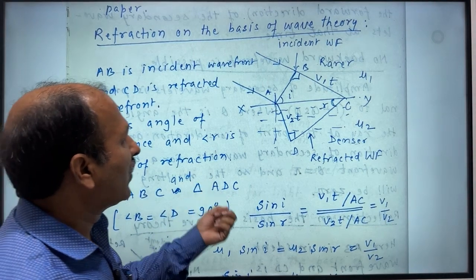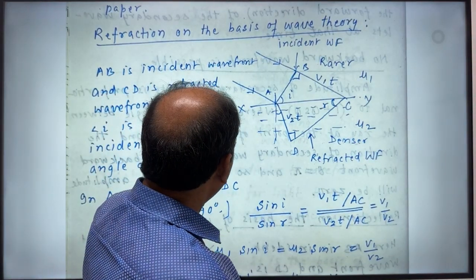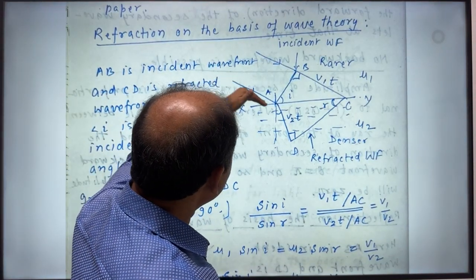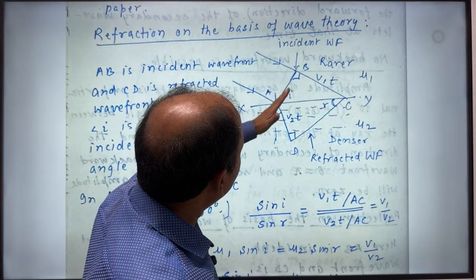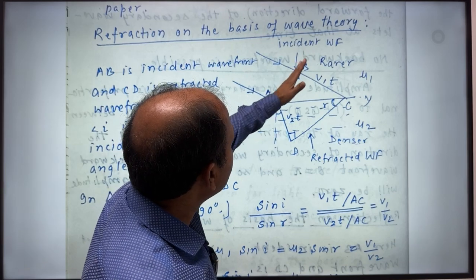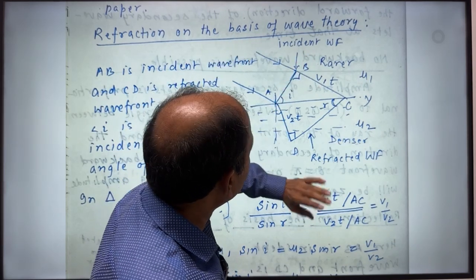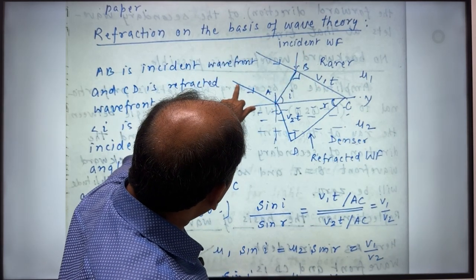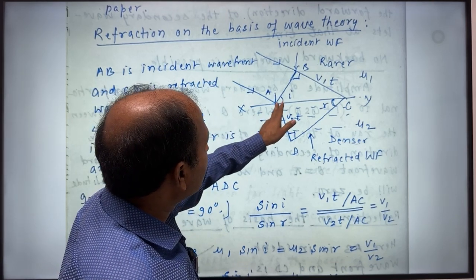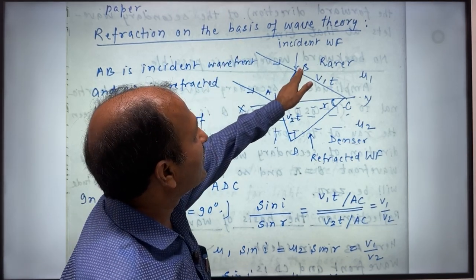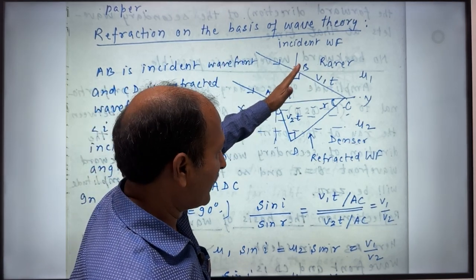So let's see how. So here what we see, this is the incident ray, and here we have drawn the incident wavefront. This is another ray. Now when this ray reaches point A, this ray reaches point B. Exactly, this is the wavefront.